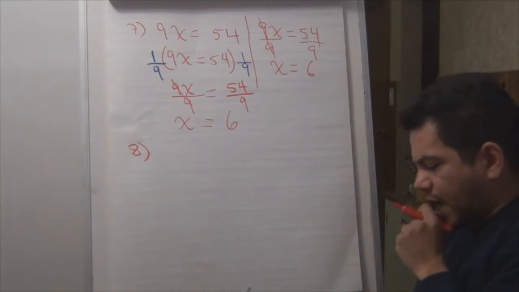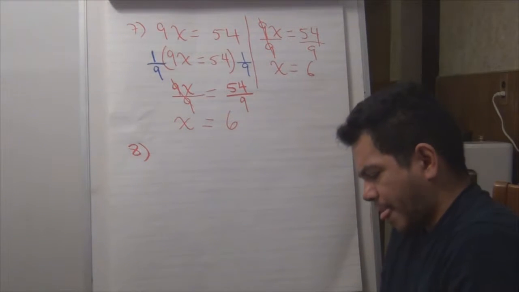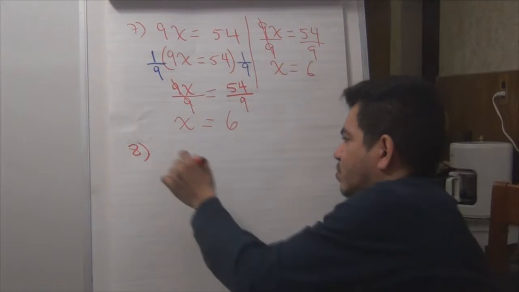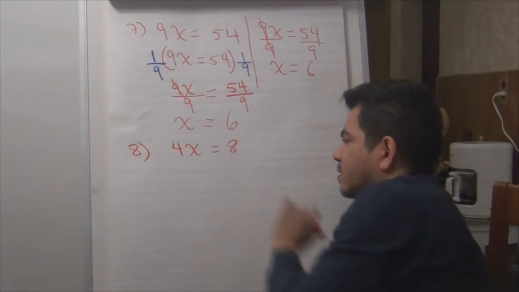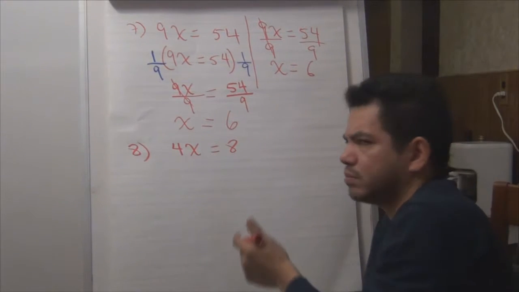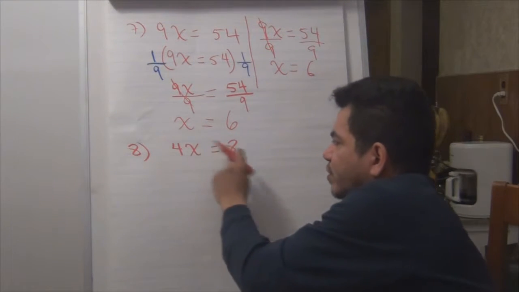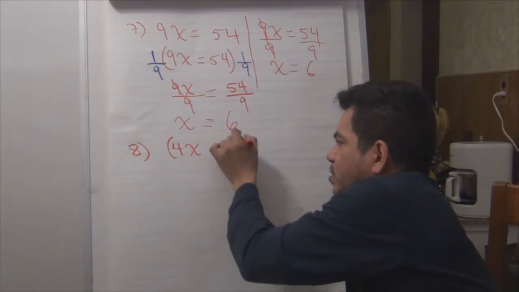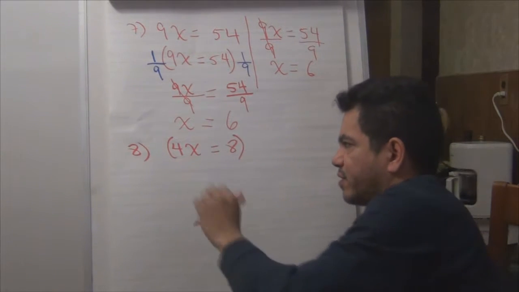All right, let's go to another simple equation. Let's say 4x equals 8. So 4 is multiplying the x, so I am going to undo this multiplication using the multiplicative inverse.